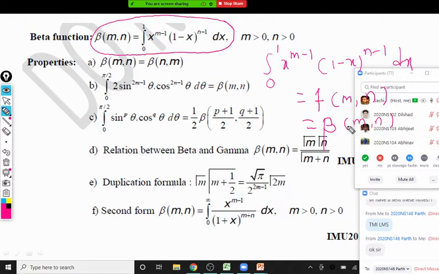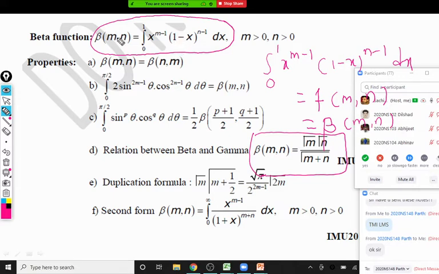We can calculate the value of beta m n by a formula, the relation between beta and gamma function. Whenever the integral is of the form 0 to 1 and contains algebraic terms, that example can be solved by a beta function.